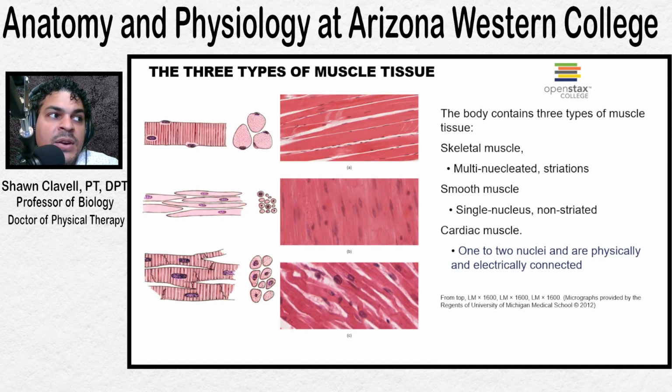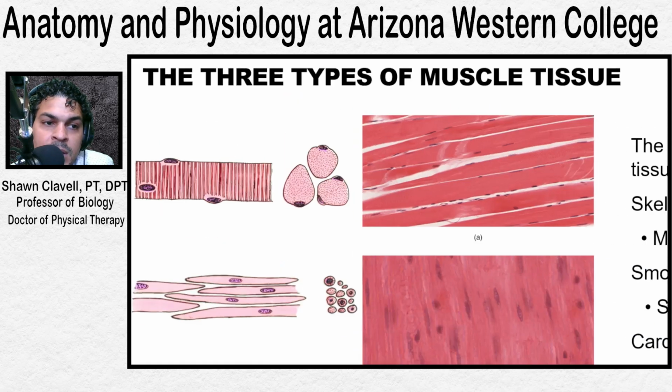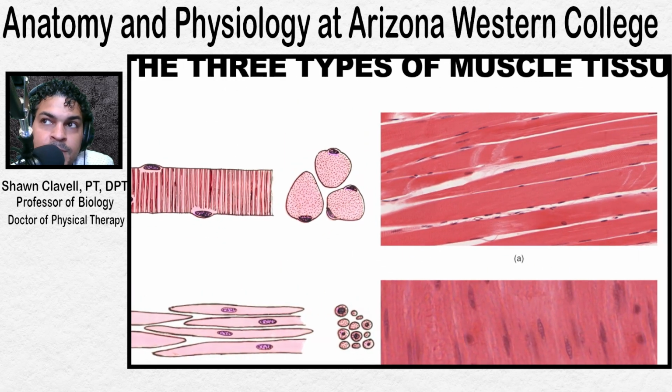Again, we have the characteristics of muscle tissues presented here on the slide in front of us. Skeletal muscle tissue with its long cylindrical shape, multiple nuclei located in the periphery, and striations.